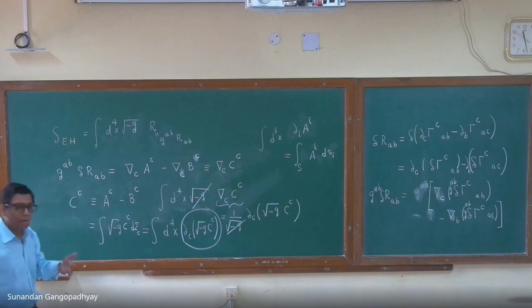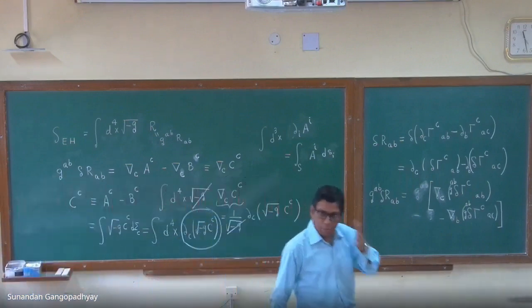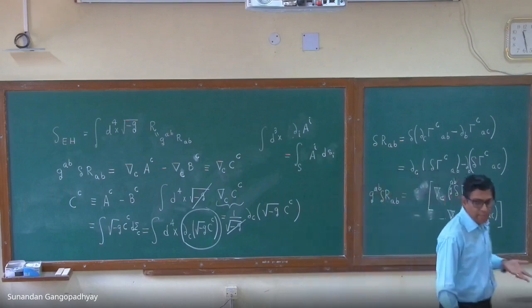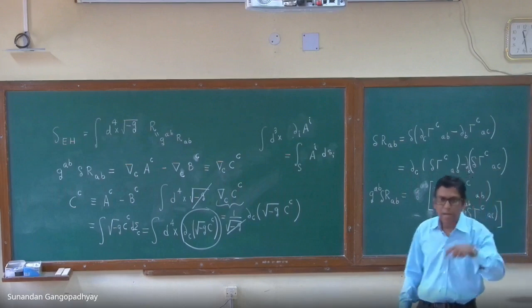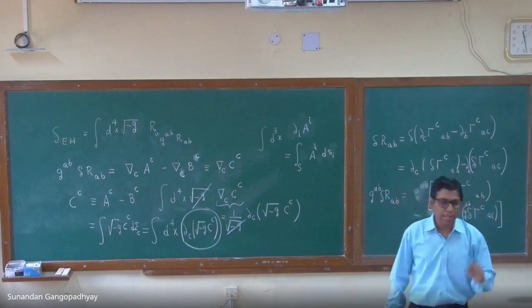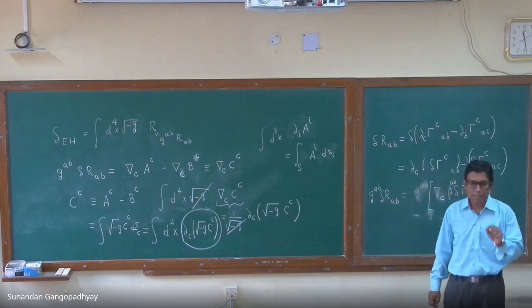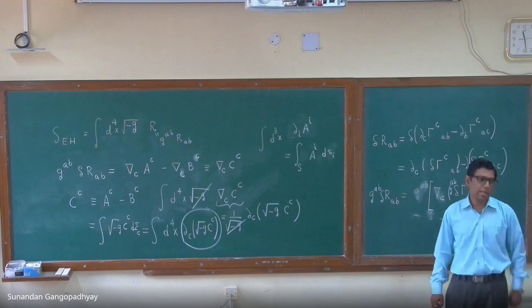And from that, what is our aim? Our aim is to find the equations of motion. So what shall we do? We shall apply the principle of classical mechanics, the principle of least action. We shall say that the variation of the action is zero. It extremizes the action with respect to the metric.